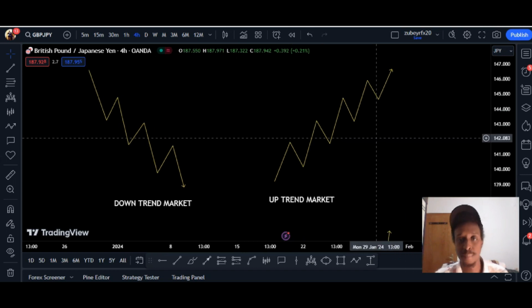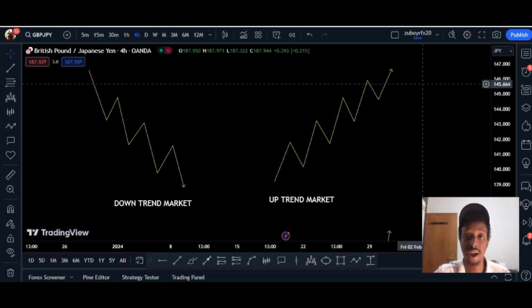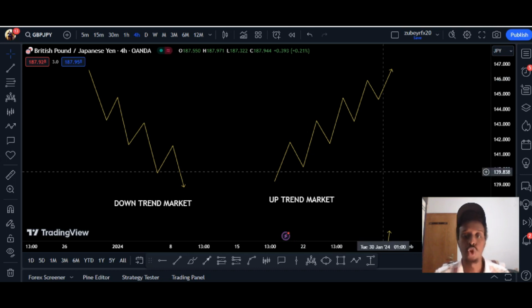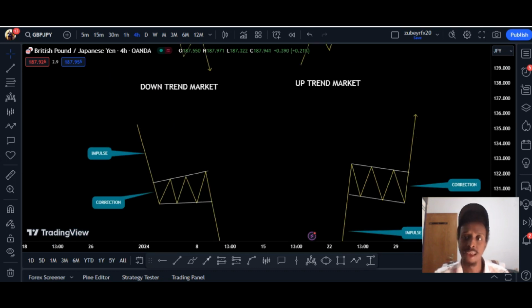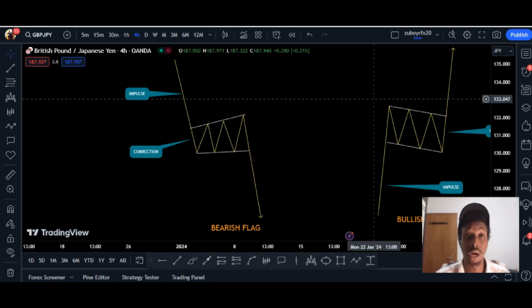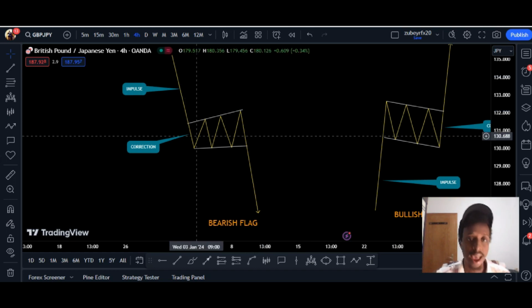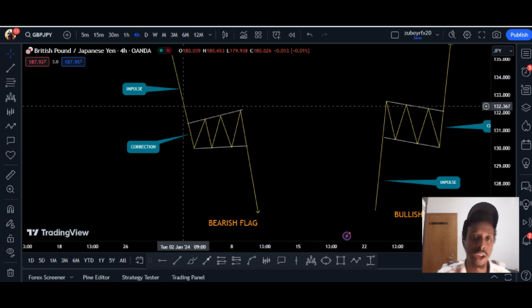The second one is an uptrend. You can see every time the market moves, it forms a higher high and a higher low. Guys, whether it's an uptrend or a downtrend, the market first gives us an impulse, and the second one is a correction.